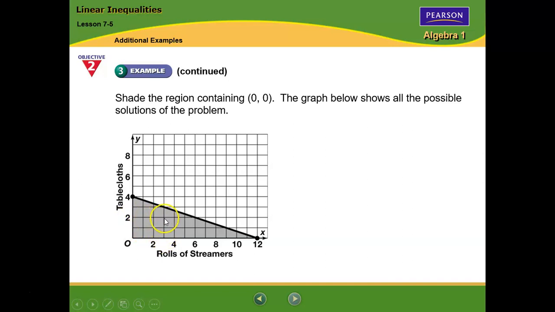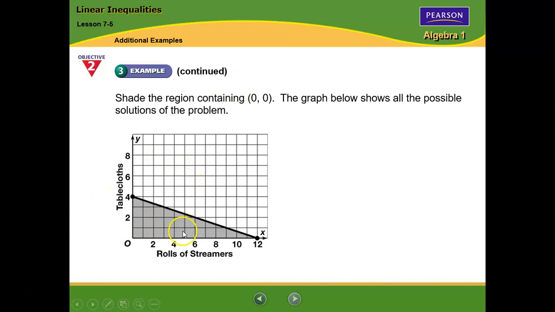Now be very careful right here. It appears that 3 rolls of streamers and 3 tablecloths are on the line. But what if you have a little bit of human error and that point actually was slightly above the line? It's easy to get a little bit messed up when you have to draw the line. So my suggestion would be stay away from that line in case you didn't draw it quite correctly.